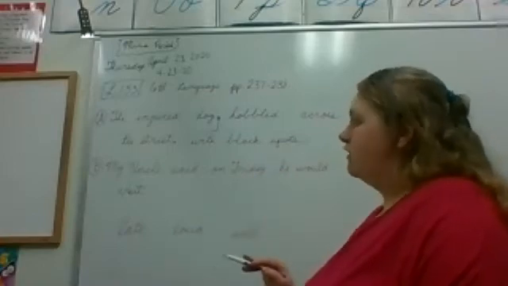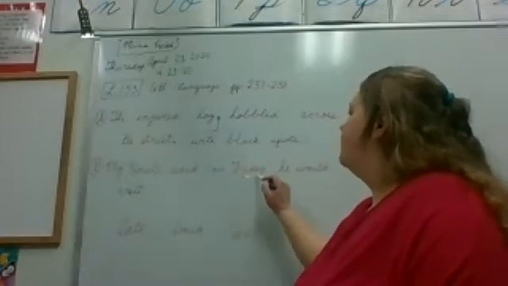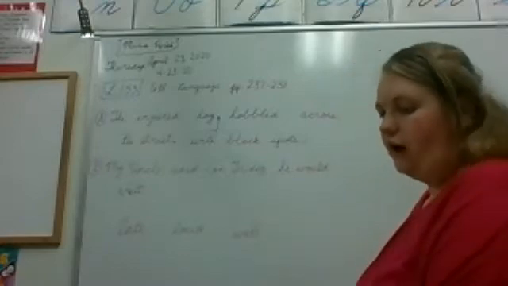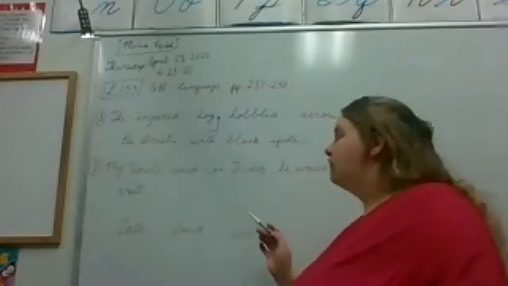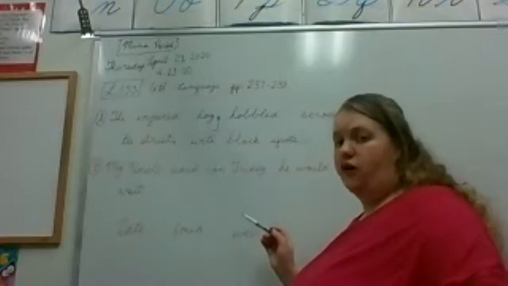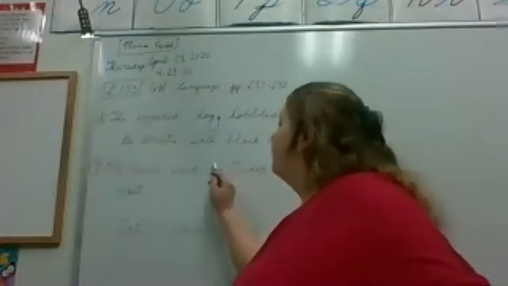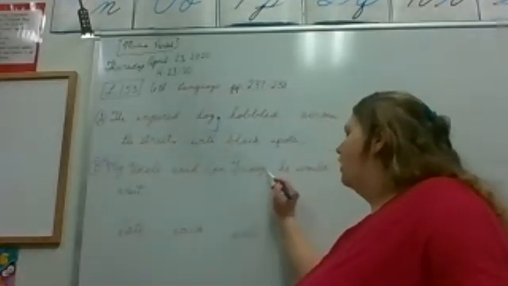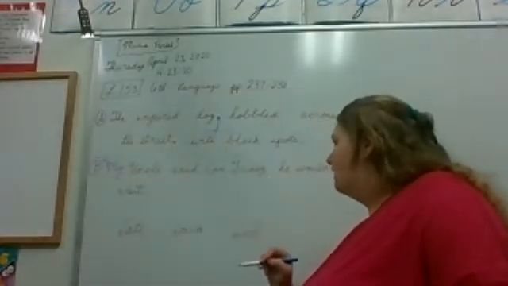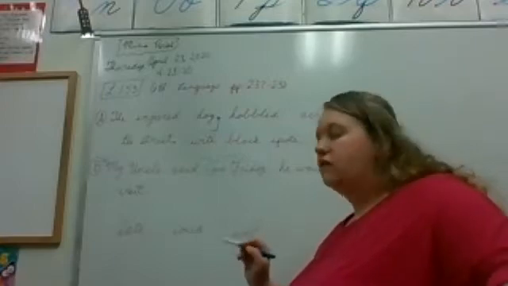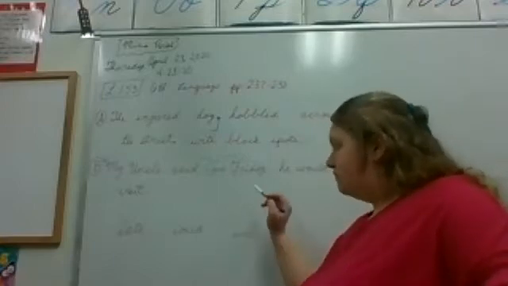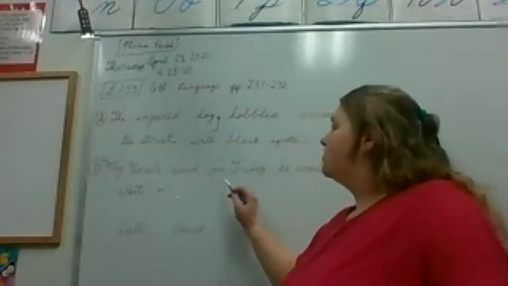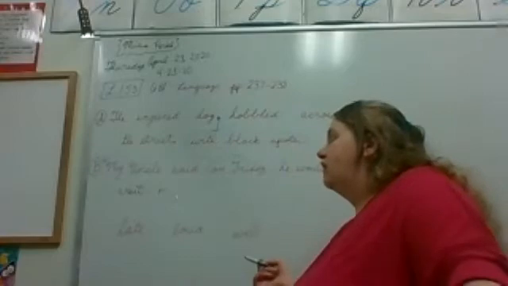In this case, if he was talking to you on a phone call on Friday, we would put it at the beginning of the sentence and say, on Friday, my uncle said he would visit, okay? Or we could move it to the very end of the sentence, because this one actually describes the verb.